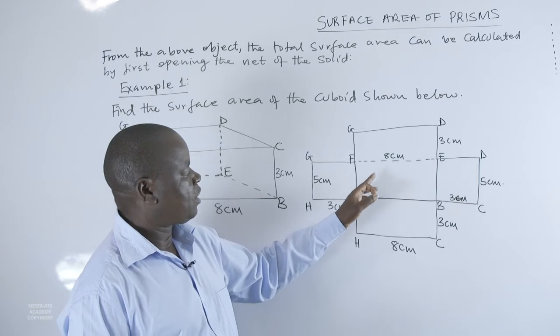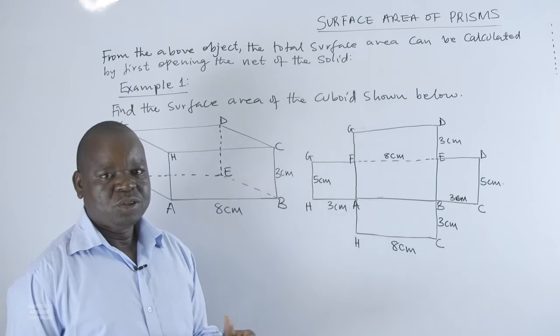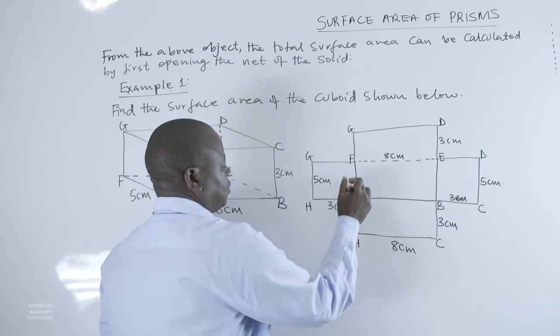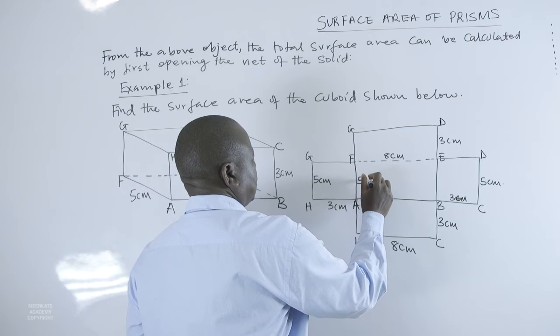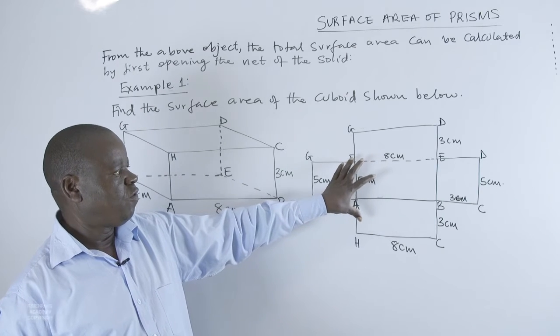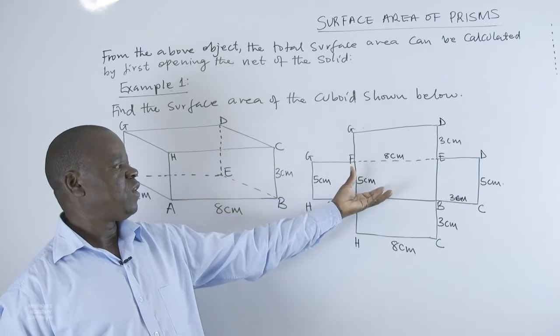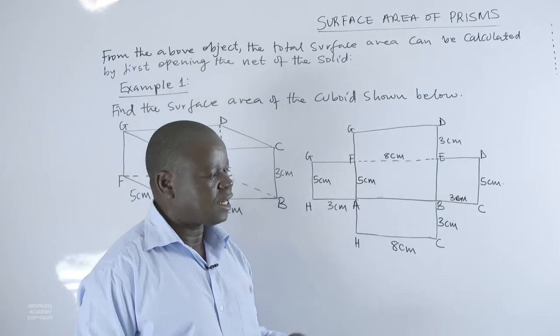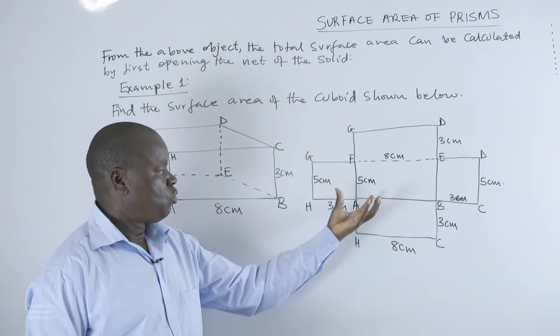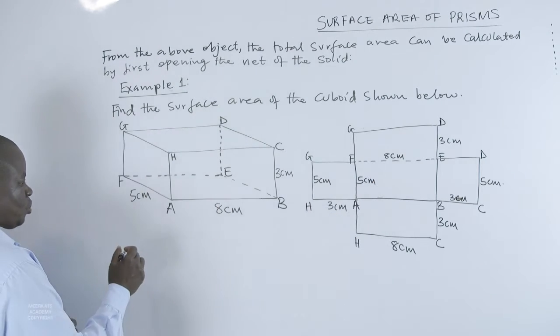We have a rectangle of 5 by 3. Those are the rectangles making the plane figure. So we are able to use the information of areas of plane figures to calculate the surface area of the cuboid.